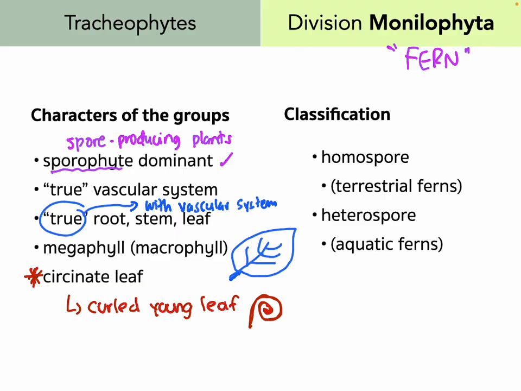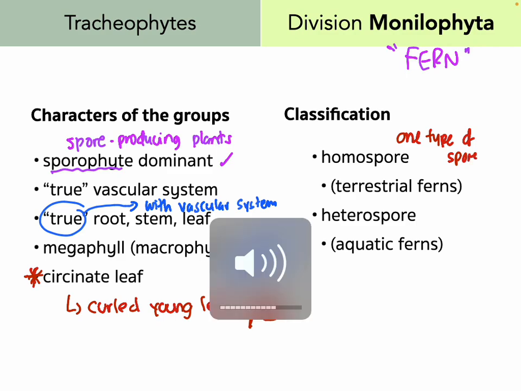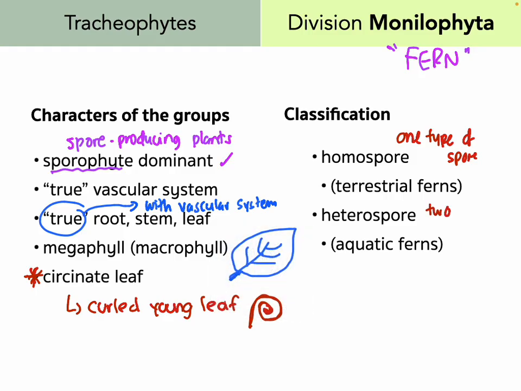And of course, in fern we have two more groups. We have the groups that are homosporous, the ones that produce one type of spore. They only have one type of spore. And heterospore, they have two types of spores.